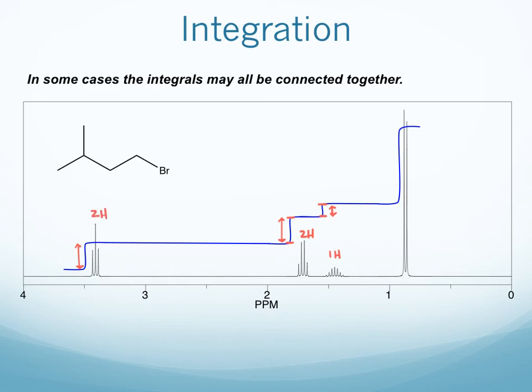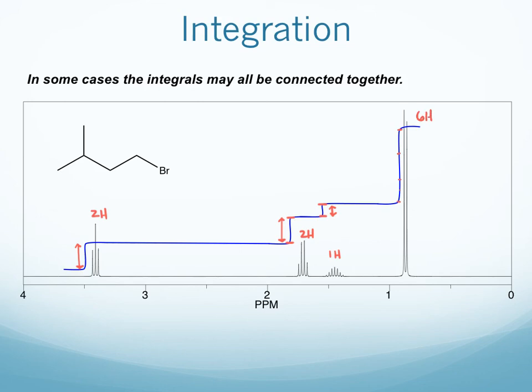And then finally, we have our most upfilled signal. And this one, you can reason it in relationship to our first one here, and it looks to be about 6 times that height. Or it might even be easier to say, okay, here's the height of my 2 hydrogen integration, and it looks like I can fit about 3 of those 2 hydrogen integrations in there, so that would be a total of 6 hydrogen.